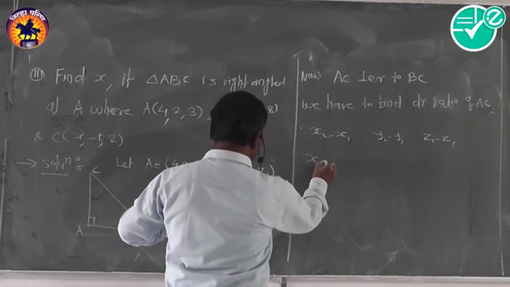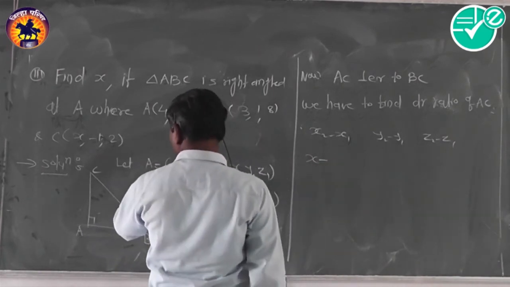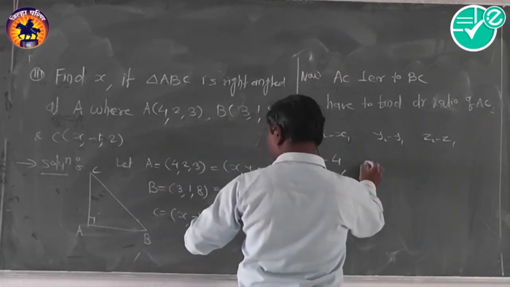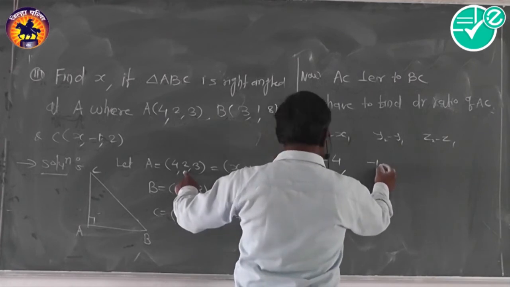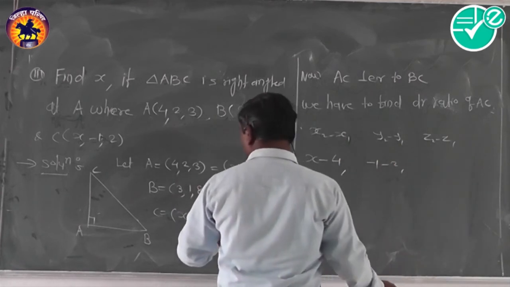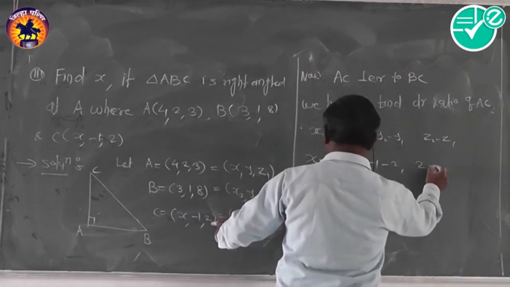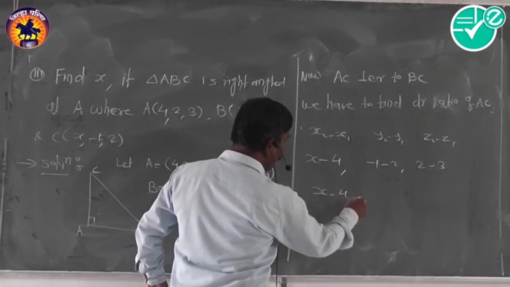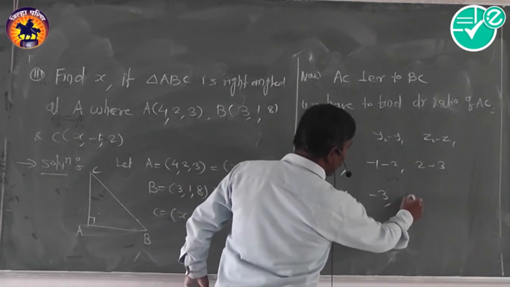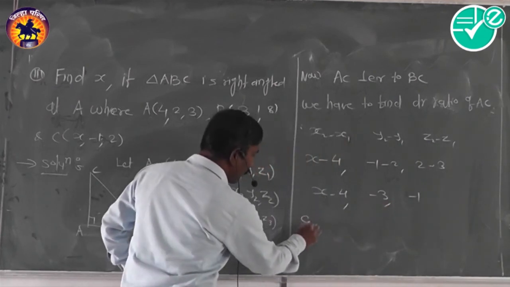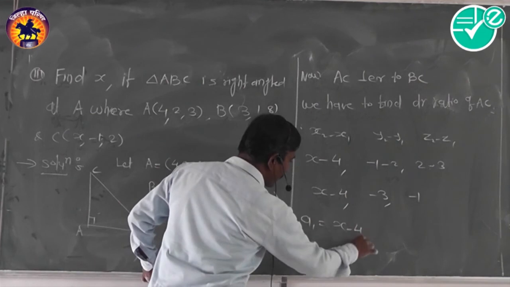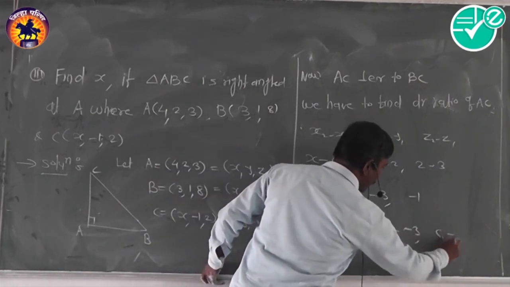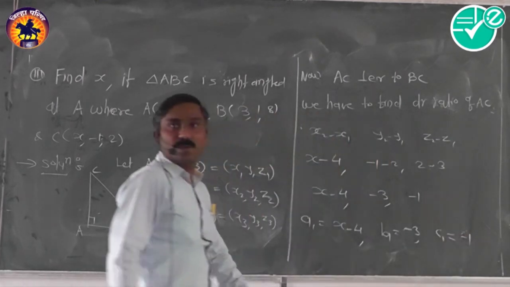So this is x minus 4, minus 1 minus 2, that is minus 3, and 2 minus 3. So this will be x minus 4, minus 3, minus 1. Therefore A1 is equal to x minus 4, B1 is minus 3, C1 is equal to minus 1.